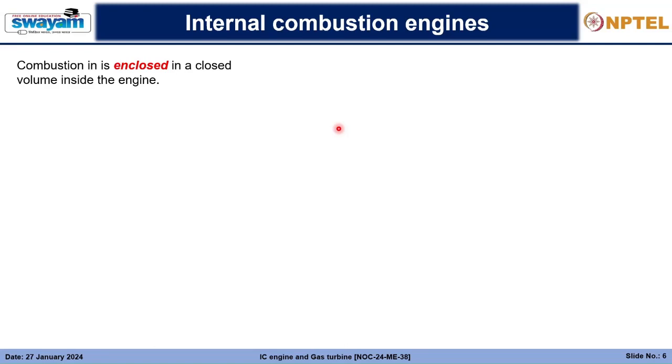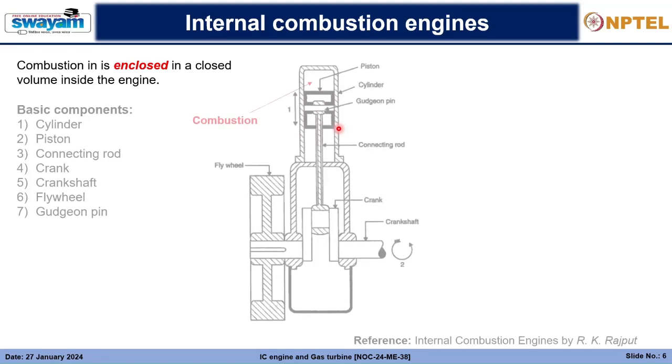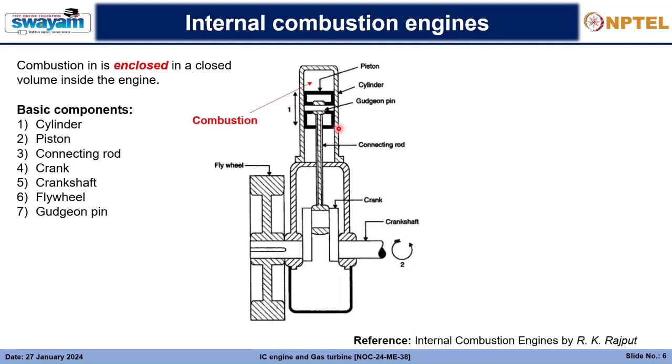The combustion is enclosed in a closed volume inside the engine, as we know by now. In an internal combustion engine, we will have this particular idea. Although this is not exactly how it looks, it is a little more complicated, this gives an idea. This black dashed line is the outer covering, so you need not worry about that.